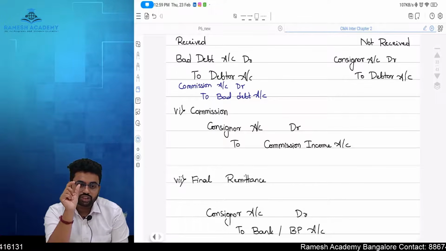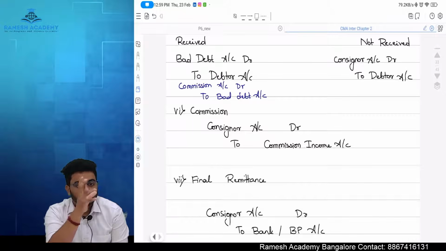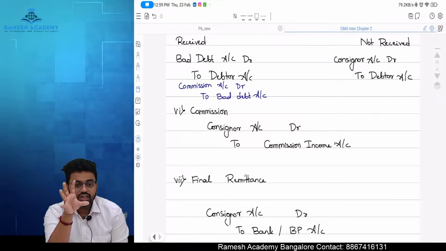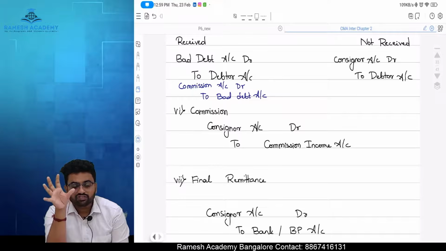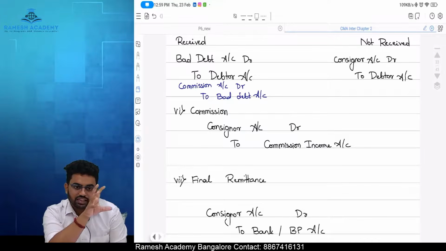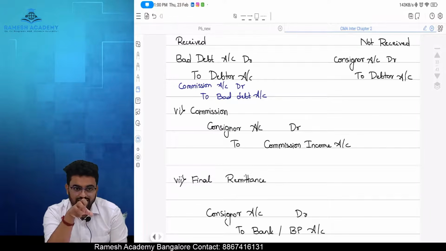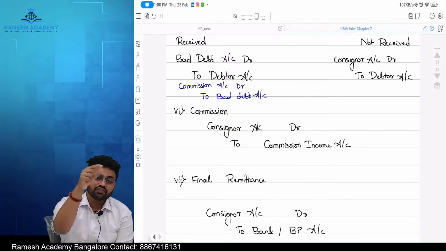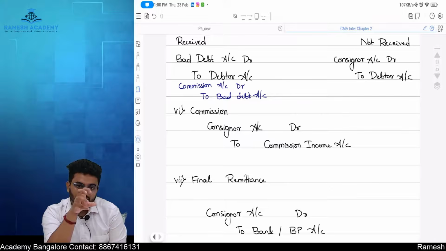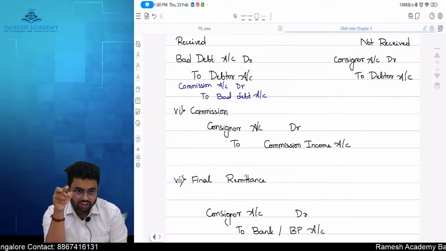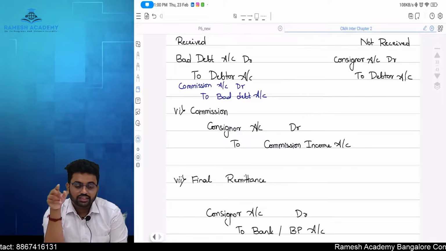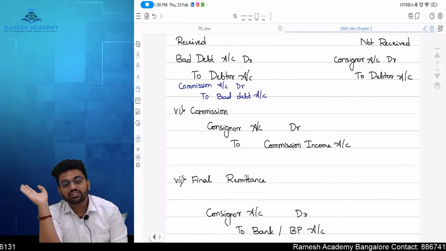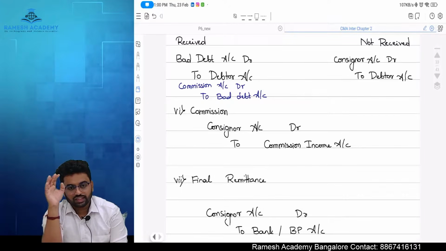If they have given the invoice price, not the cost, and loading is 25% of the cost, I can say invoice price is so much, cost is C, loading is 0.25C. If they say 20% of the invoice price, then I can say invoice price is equal to cost plus 0.2 of the invoice price. Getting right?